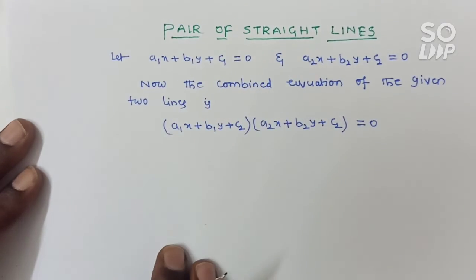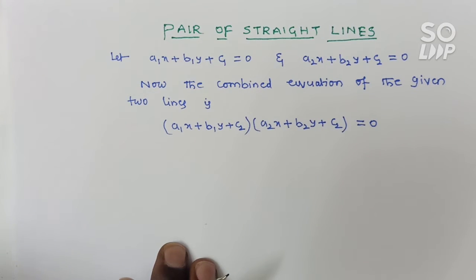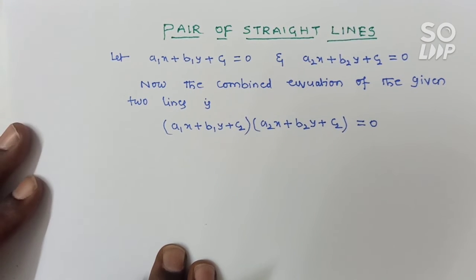So we know that some straight lines pass through the origin and some other lines do not pass through the origin.